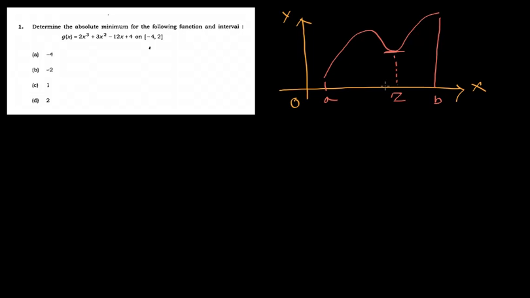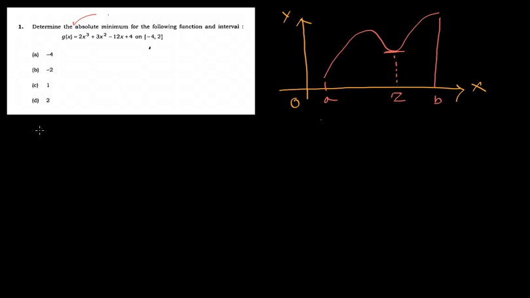If we consider the nearest points of z, say right hand side or left hand side, then z is minimum with respect to those points. But if we consider the whole range from a to b, then z is no longer the minimum point, the minimum point in this case is a. So this is the difference between absolute minimum and minimum. And we have to remember that this question asks for the absolute minimum, not the minimum.